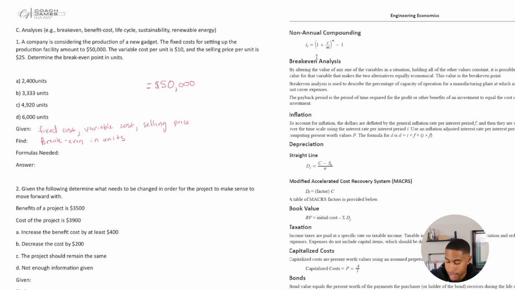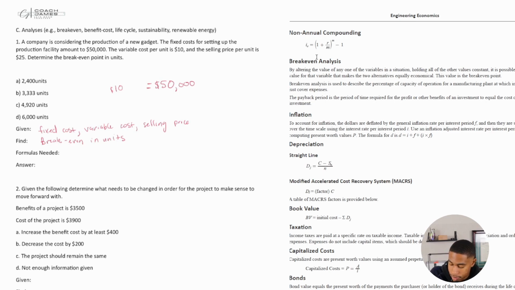The other side of this equation needs to have what we're selling to be able to pay this amount of money back and to have it even. So we have the variable cost. We know that it's $10 per unit, $10 for each unit.